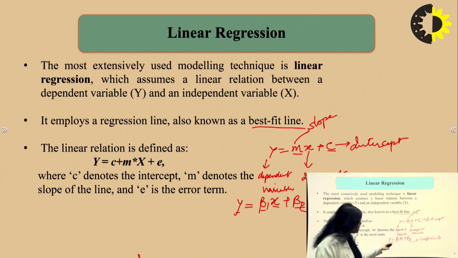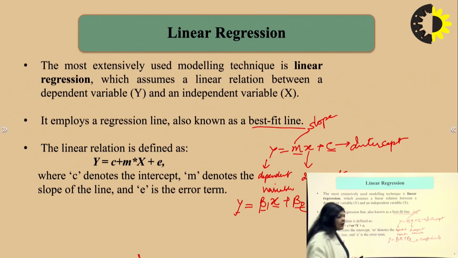As I already have explained, this is nothing but rewriting the same equation in a different way. So we can sense that beta naught represents the intercept and beta 1 represents the slope of the straight line, right?